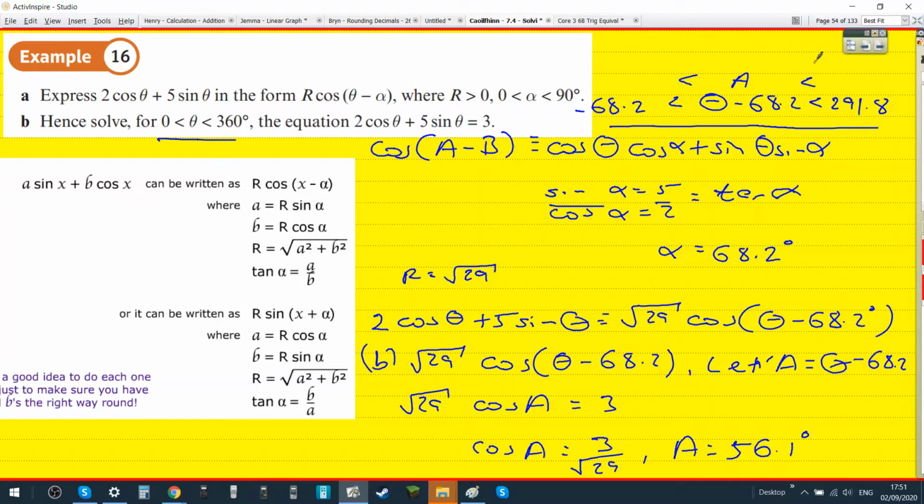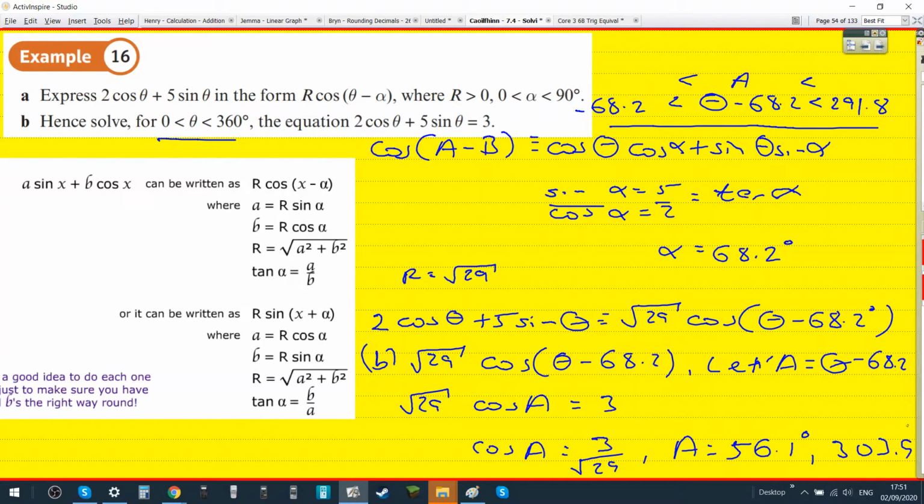But it doesn't make sense. No, you're correct, 360 minus. 360 minus 56.1 is 303.9, so that's outside the range.